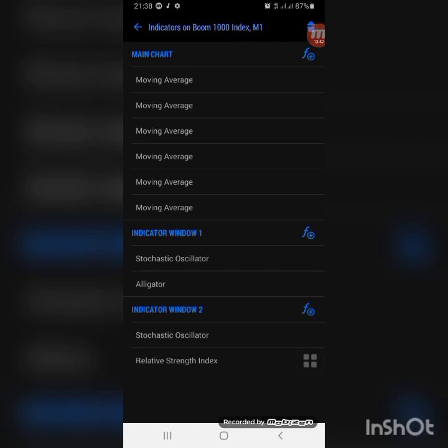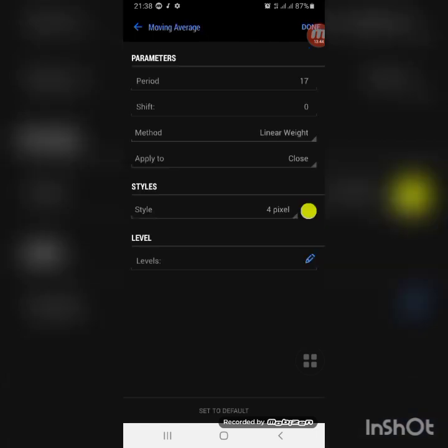Okay, now the fourth one is period 17, shift is 0, method is linear weighted, apply to close. You can choose any color of your choice. All right, the next one here we'll have period 19, shift is 0, method is linear weighted, apply to close. You can choose any color of your choice.